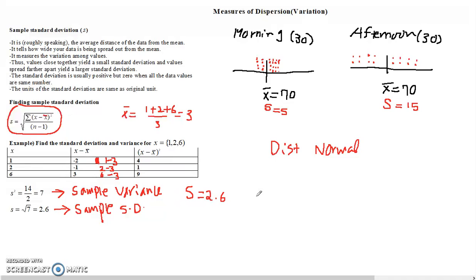Now remember that the distribution has to be normal, otherwise this will not work.